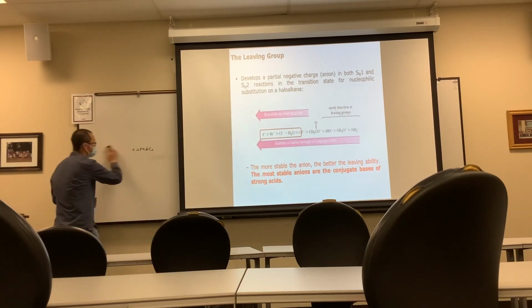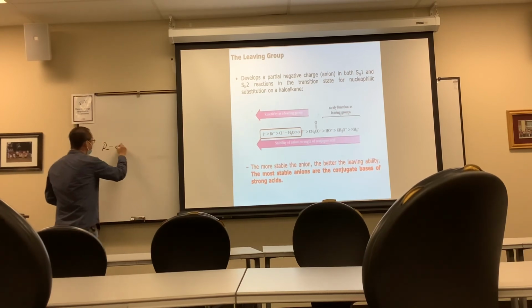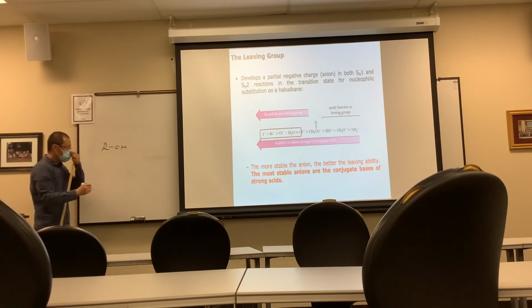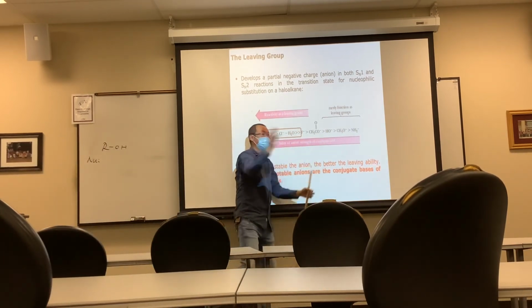Let me show you here. Good question. You will see that in some of them. If I have ROH and I want the nucleophile, whatever that is, to kick this away, OH would be the leaving group, and we know OH minus is a strong base. Not the strongest, but it's a strong base, so leaving as OH minus is a terrible idea.